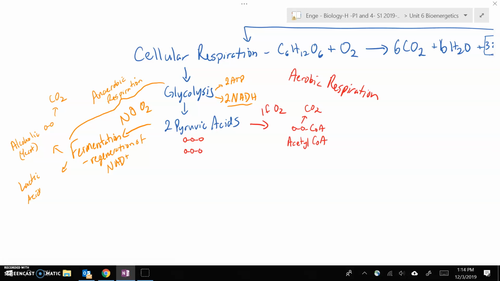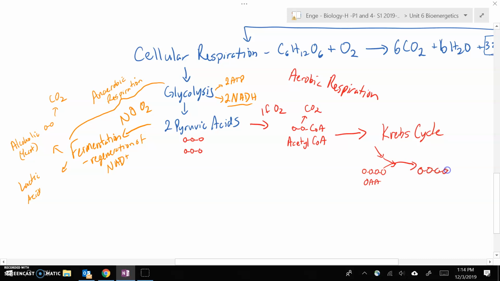Now that acetyl-CoA can go into the Krebs cycle. So what happens is my 2-carbon acetyl-CoA bonds to a 4-carbon called oxaloacetic acid, OAA, to form your 6-carbon citric acid.